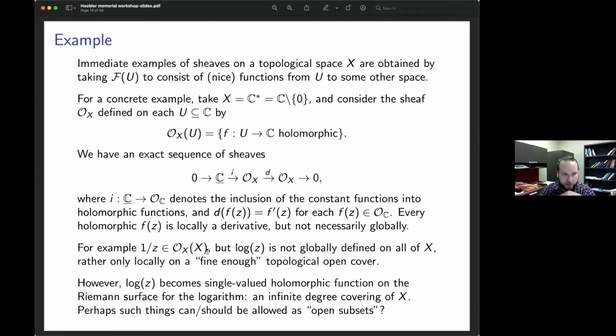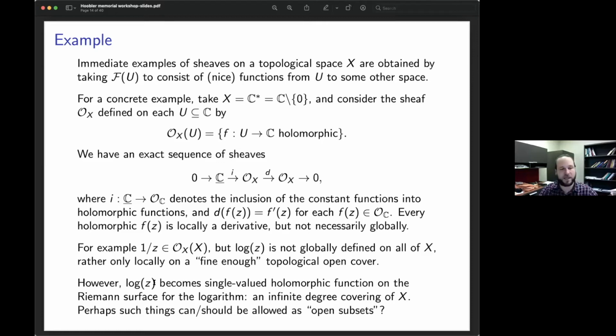So this is an element of the global sections of this sheaf, and locally I can restrict to some small enough open cover of X, and I get to notice that it's the image of some other holomorphic function on that little open set. What I cannot find is a globally defined antiderivative for this thing. So here you have a locally exact thing that fails to be globally exact.